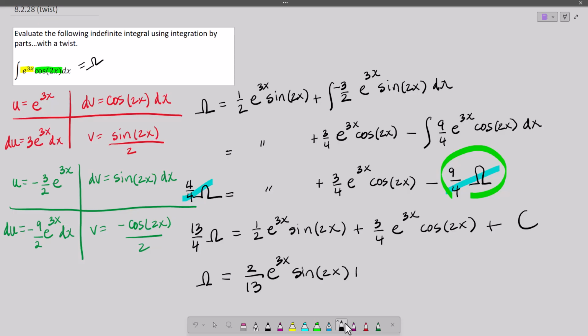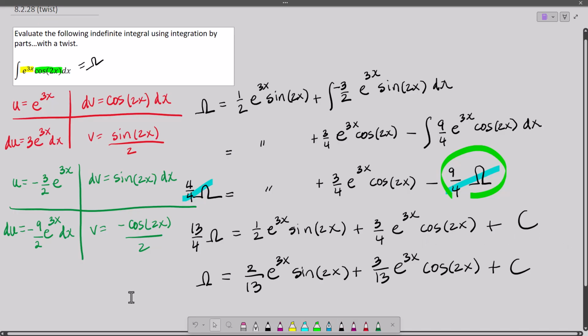And when we multiply this by 4/13, we're going to end up with the 4's canceling, so we'll get 3/13 e to 3x times cosine of 2x plus c. And that is our final answer.